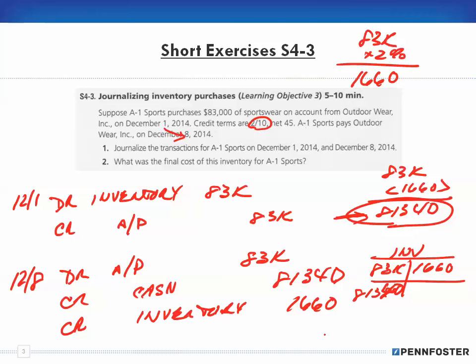I originally thought I was buying it at 83,000, so I booked it at 83,000, but the final amount that I paid for it was this 81,340, so I have to adjust it to that amount. So that's 4-3, right? And I'm at 10 minutes, so I'm going to stop here and pick up in the next video with the next problem.